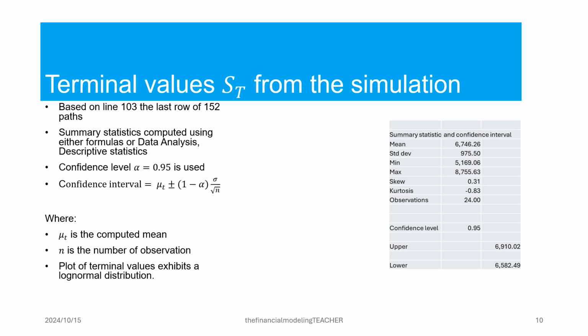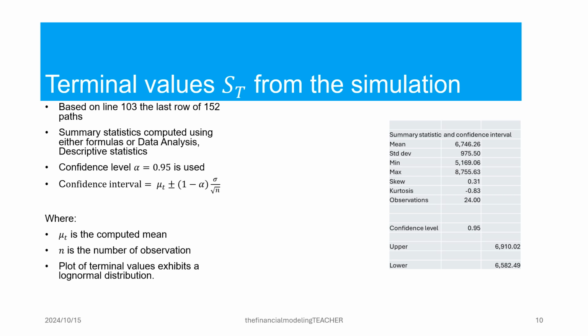That's the last thing here, and the final step of our simulation. We have terminal values denoted with S with the big letter T. In our simulation spreadsheet, they are taken from row 103. That is the last line of these 152 paths.